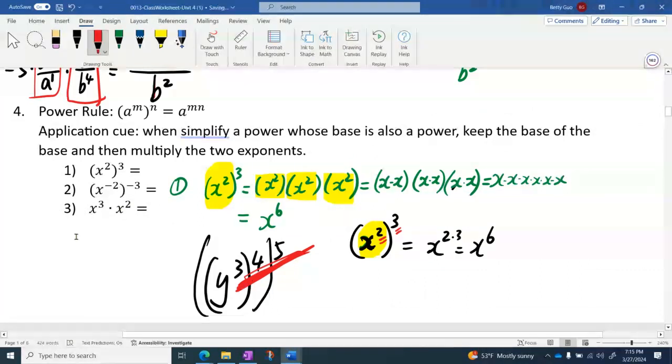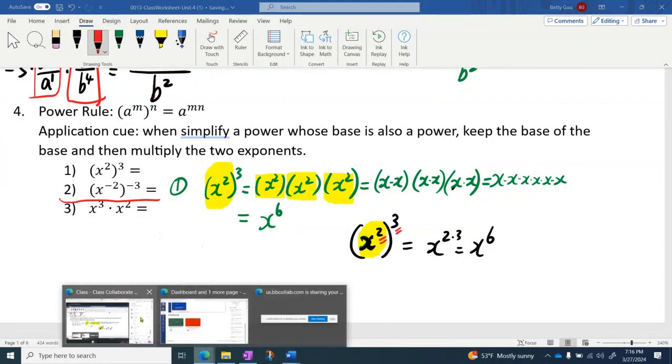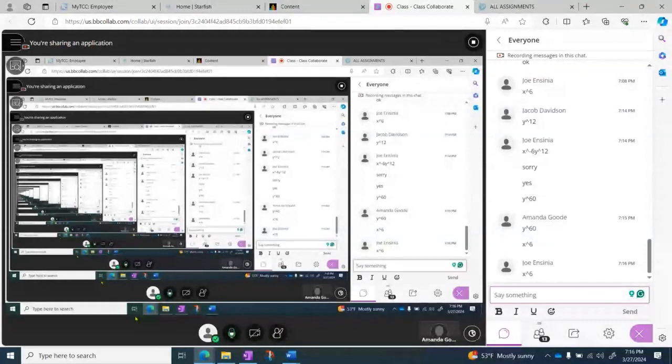Okay, tell me please, what's the result of number 2? I think Jill was going to answer this question and trying to beat us with the speed. X to the power of what? 6. Awesome.